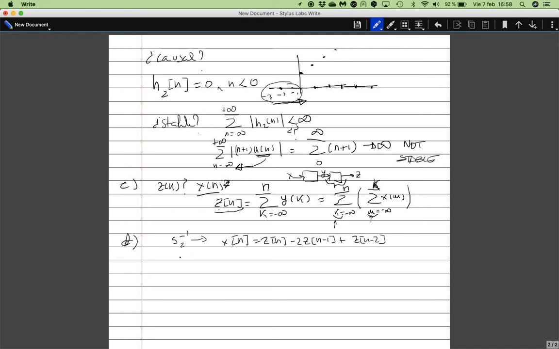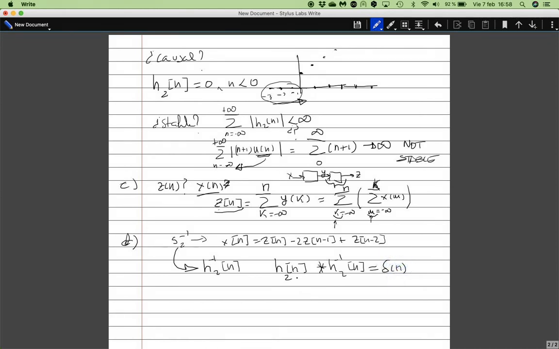How do we demonstrate that? Well, basically, if we call the impulse response of S2 inverse H2 minus 1 of n, then by definition, if we put together in series H2 of n with its inverse, and putting in series means that I make the convolution of them, basically this has to be delta.